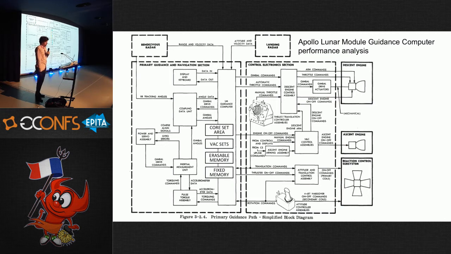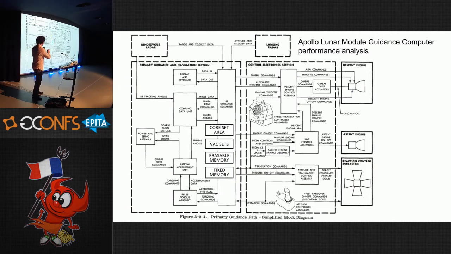They got the 1202 alarm. The rendezvous radar was tracking the command module so that if an abort happened, they could plot the trajectory to return. And so they could turn it off and still land. VAC sets, the vector accumulator sets, also fired on the descent. There was a 1201 alarm because they filled up as well.